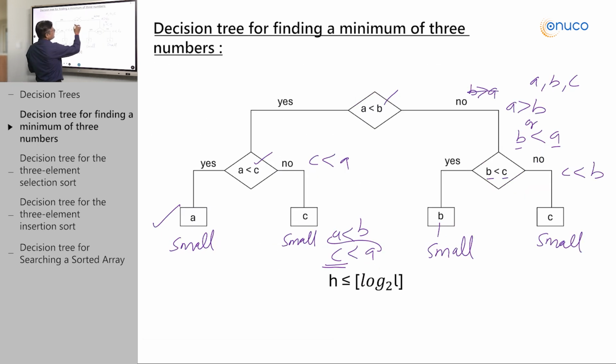So we see the height of the tree: h is less than or equal to log L base 2, so it is 2. We will consider height from 0, 1, 2. It's not mandatory that all the leaf nodes will be at the same level.